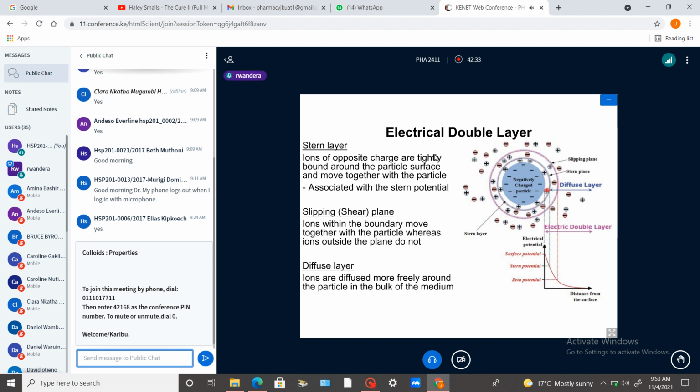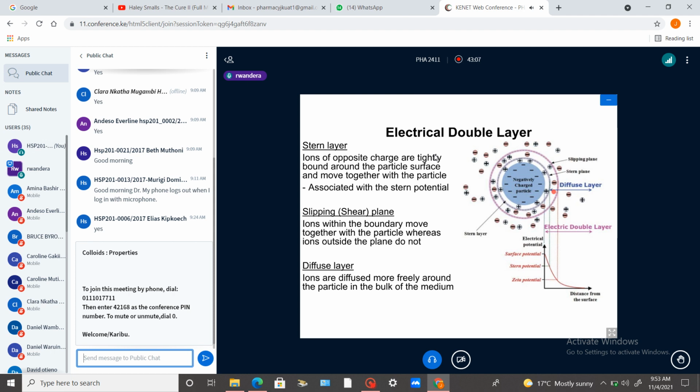Now from the Stern layer, we'll also have a diffuse layer that will consist of both positive and negative particles that will tend also to move with the particle surface as long as they are within the slipping plane boundary. The slipping plane boundary is the boundary at the end of the diffuse layer. Now the diffuse layer also extends to the bulk of your colloidal dispersion medium.